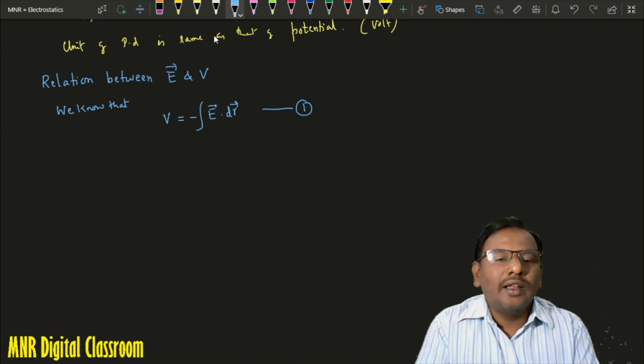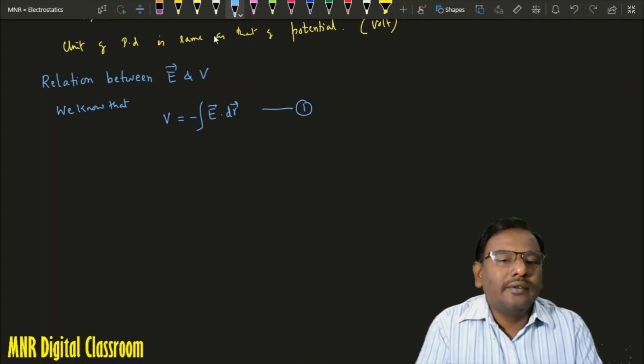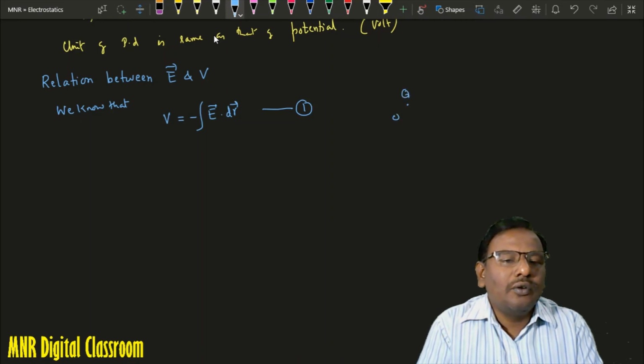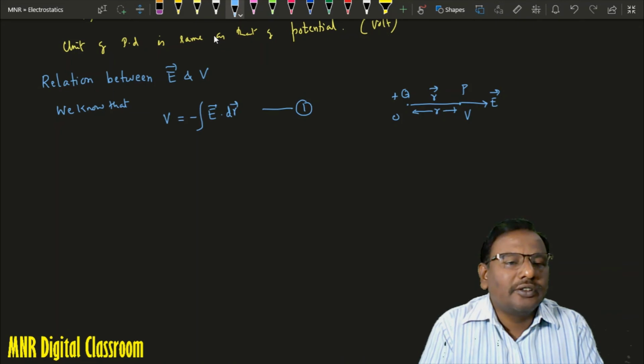Suppose I take a charge Q at O, and a point P where the potential is V and the position vector is r bar, and the electric field is E bar. If this is a positive charge, then the field is directed outwards.